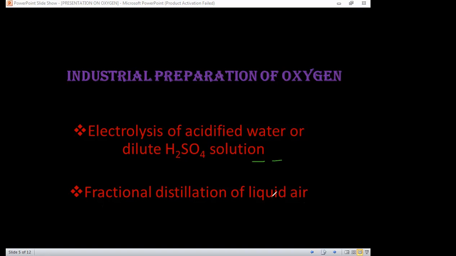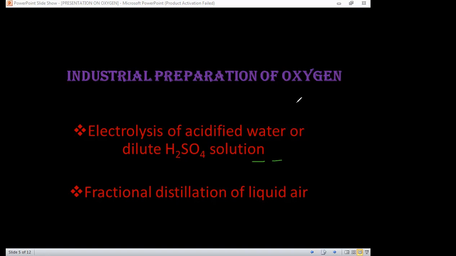When the temperature is increased from minus 200 to minus 183 degrees Celsius, the boiling point of liquid oxygen, it will boil. The vapor will get to the condenser, and then the condenser will convert it back to liquid, and liquid oxygen will be collected.